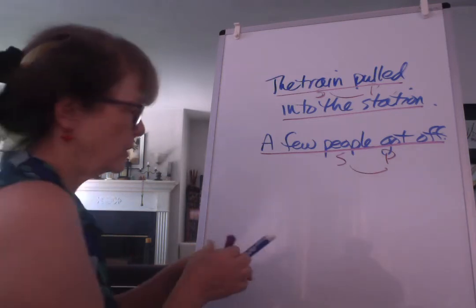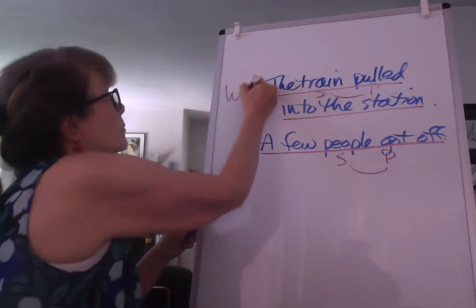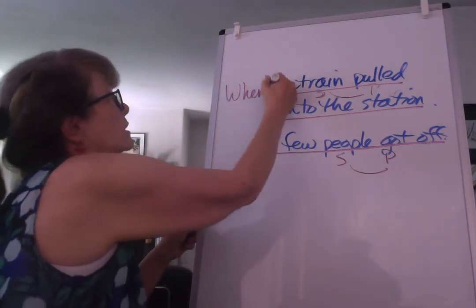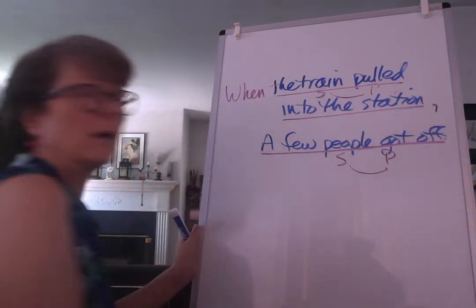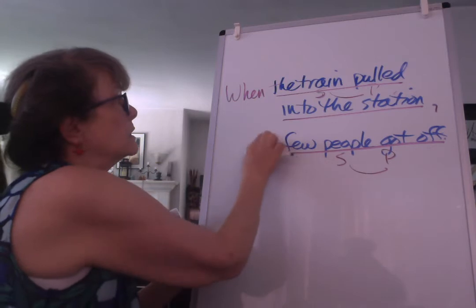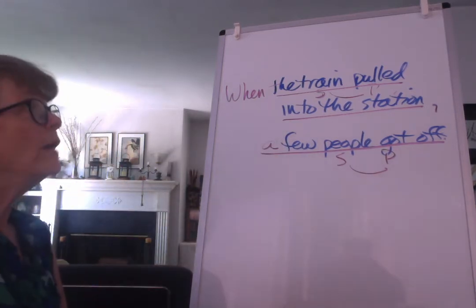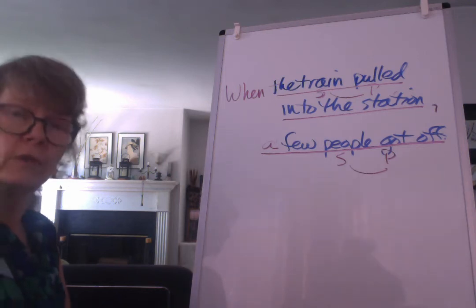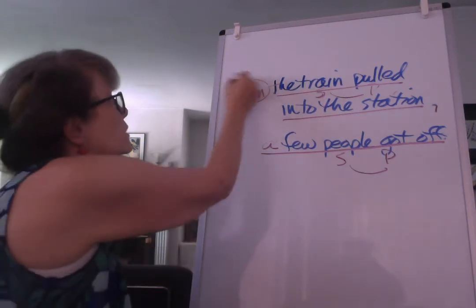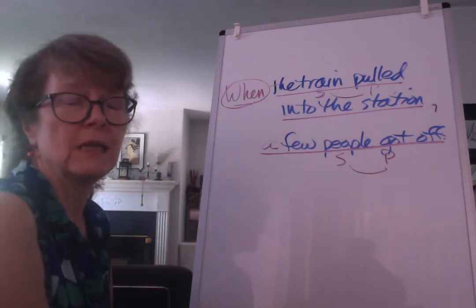We could say, for example, when. Change this to a lowercase. Change it to a comma. Change this to lowercase. And we have, when the train pulled into the station, a few people got off. So we use the subordinating conjunction when to put those two sentences together.